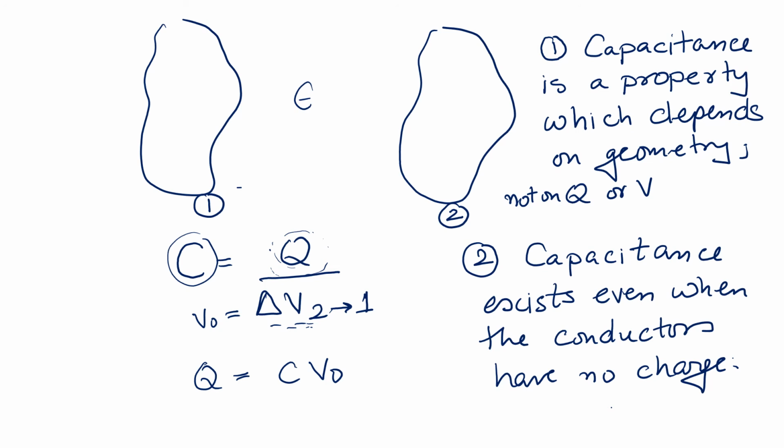The same way, capacitance exists whenever you have two conductors next to each other with some air or dielectric between them. What matters is that if I put some charge or create some potential difference, then the charge and the potential difference would be related to that inherent property, the capacitance. So please keep this in mind.